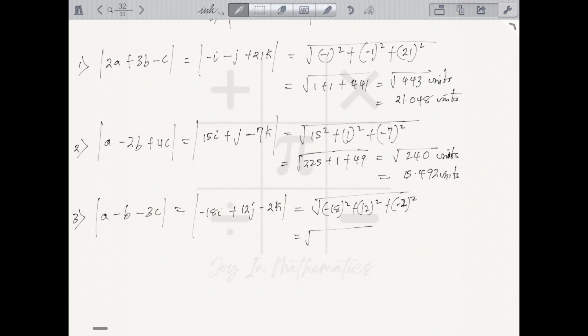Our resulting expression will give us 324 plus 144 plus 4. This results into the square root of 472 units, which is approximately 21.726 units. Now these are the magnitudes.